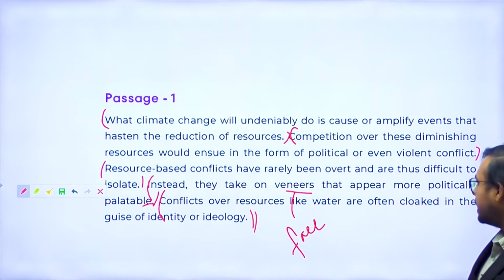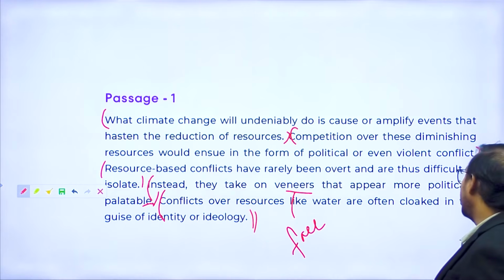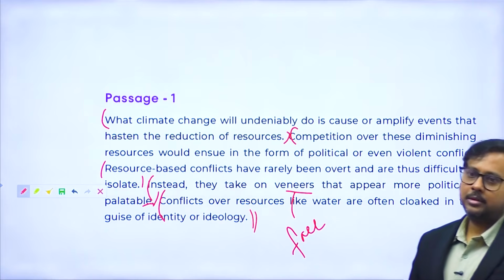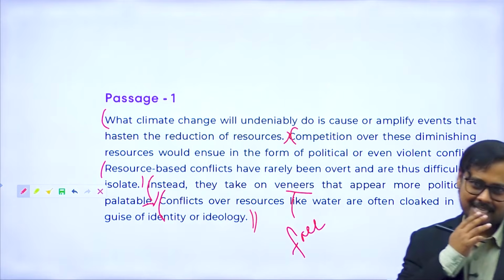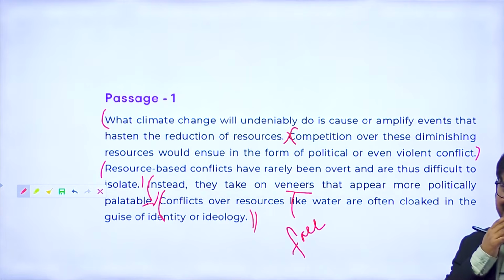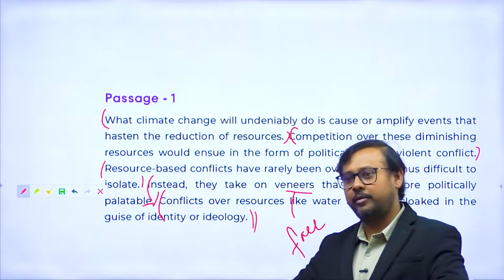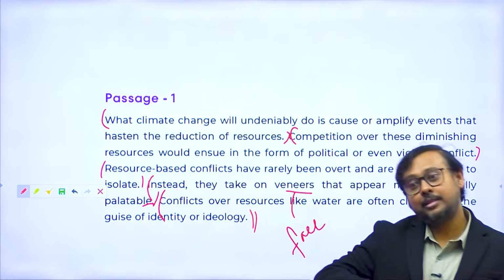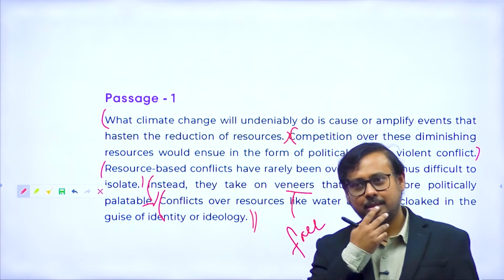Right, absolutely. Instead, they take on veneers in the shape or face that appear more politically palatable. Means? Instead of stopping the conflict, we have to face that conflict and have to do something. So this means that the reason behind the conflict is actually hidden. There's a difference.